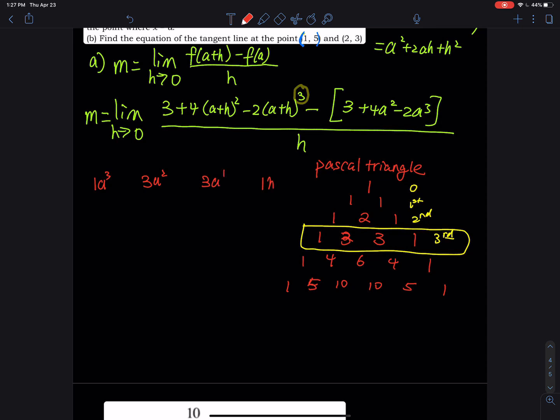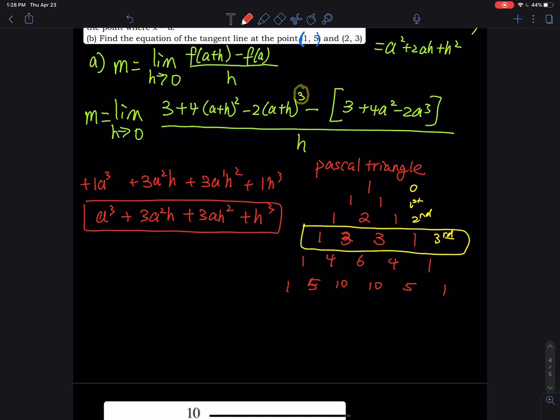And then h to the 0, h to the 1st, h squared, h to the 3rd, with plus signs in between. So overall, expanding (a + h) to the 3rd, you have a to the 3rd plus 3a squared h plus 3ah squared plus h to the 3rd. So that is how you expand (a + h) to the 3rd power.